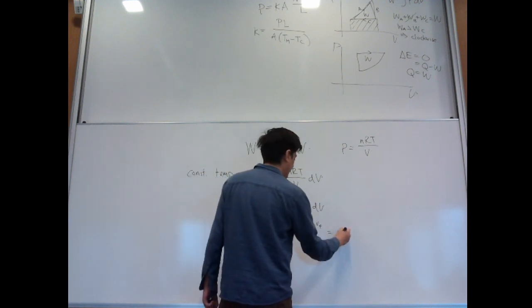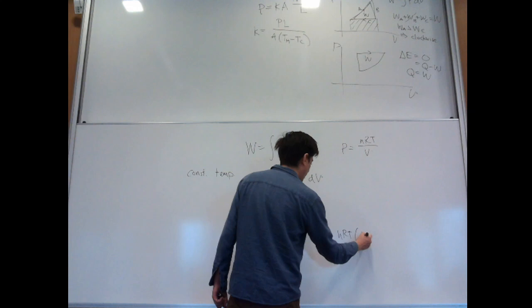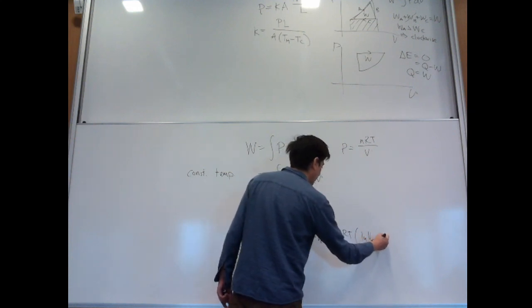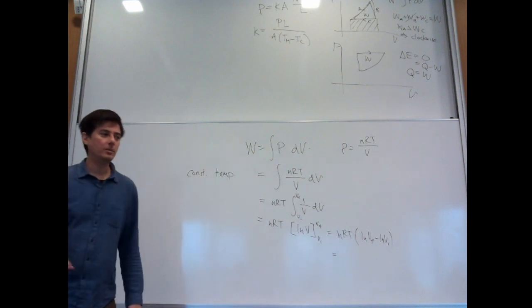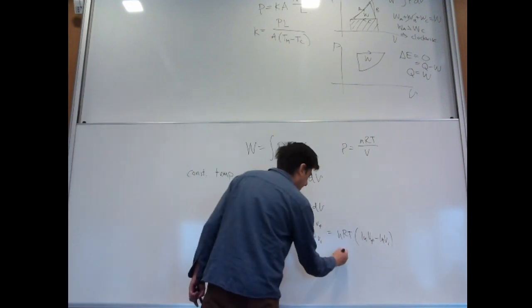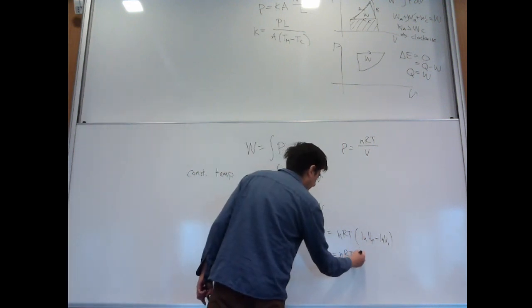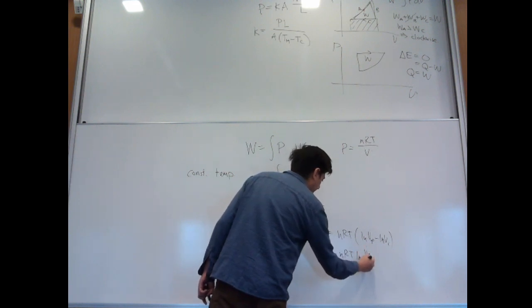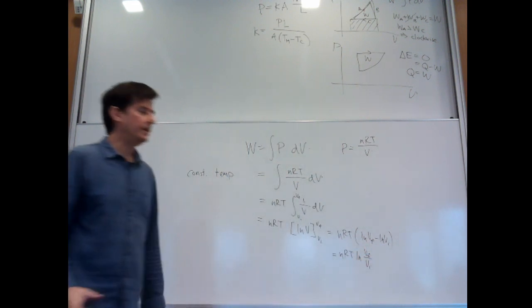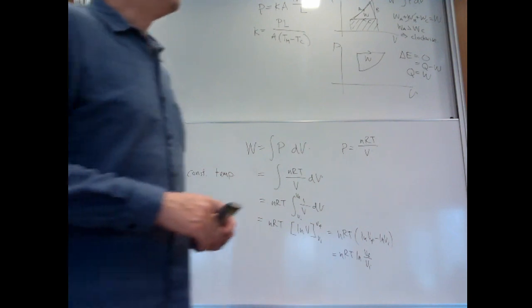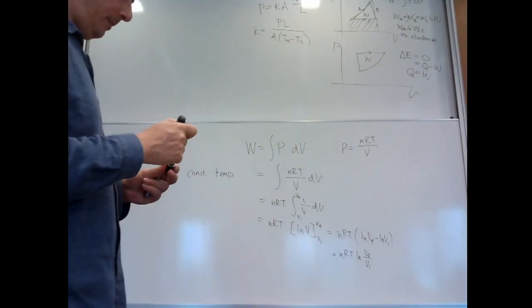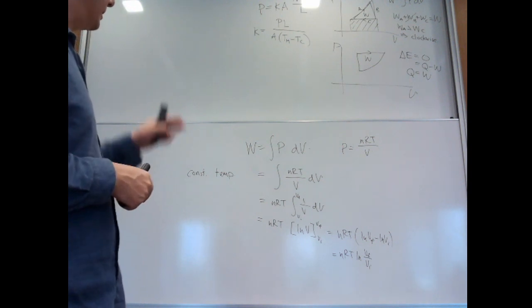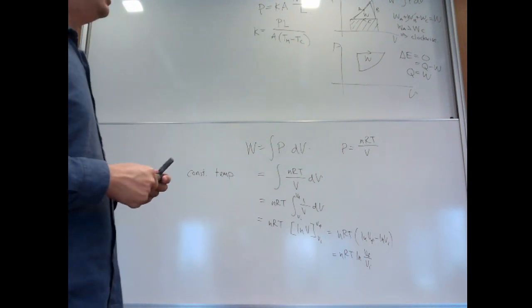So this is going to be nRT times log Vf minus log Vi, and then just using the relationship of logs, we can also write it as this. So for constant temperature, we can literally work out the work that is done. We can just evaluate that integral.